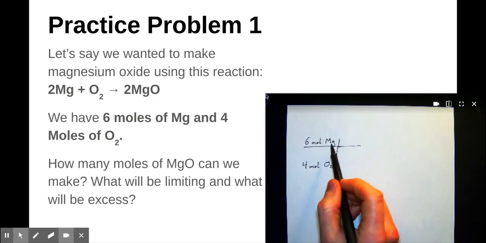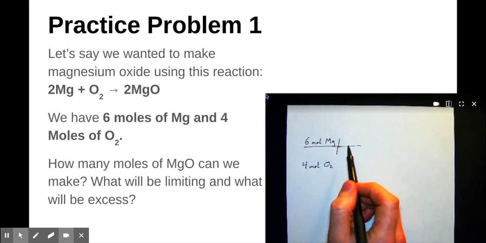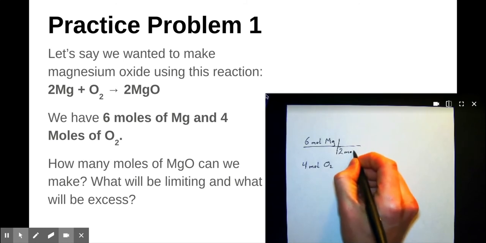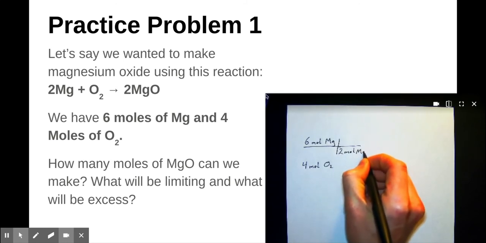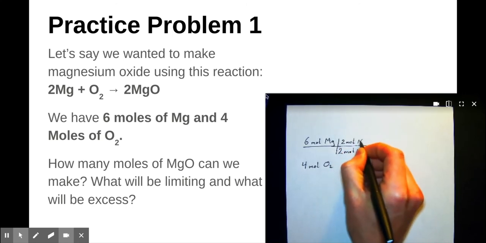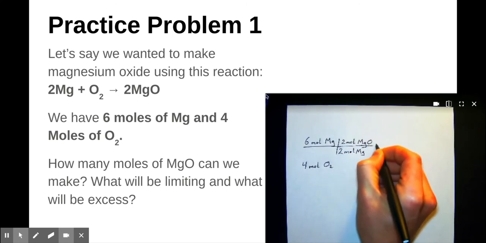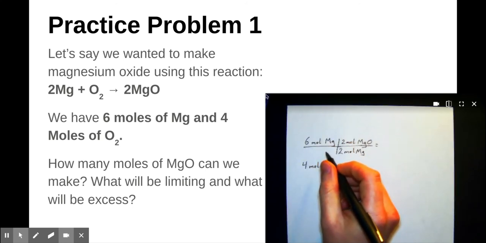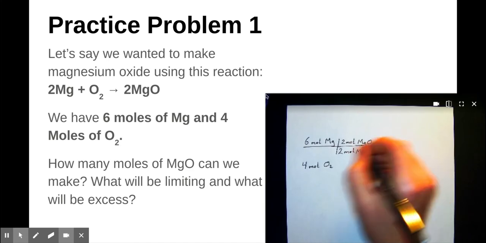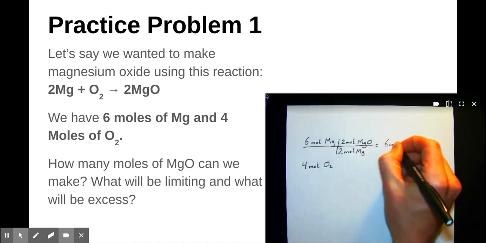The molar ratio between magnesium and magnesium oxide is 2 to 2. This comes from the balanced equation. 2 moles of magnesium can make 2 moles of magnesium oxide, which means that we have enough magnesium here. If we take 6 times 2 and then divide by 2, we have enough magnesium to make 6 moles of magnesium oxide.